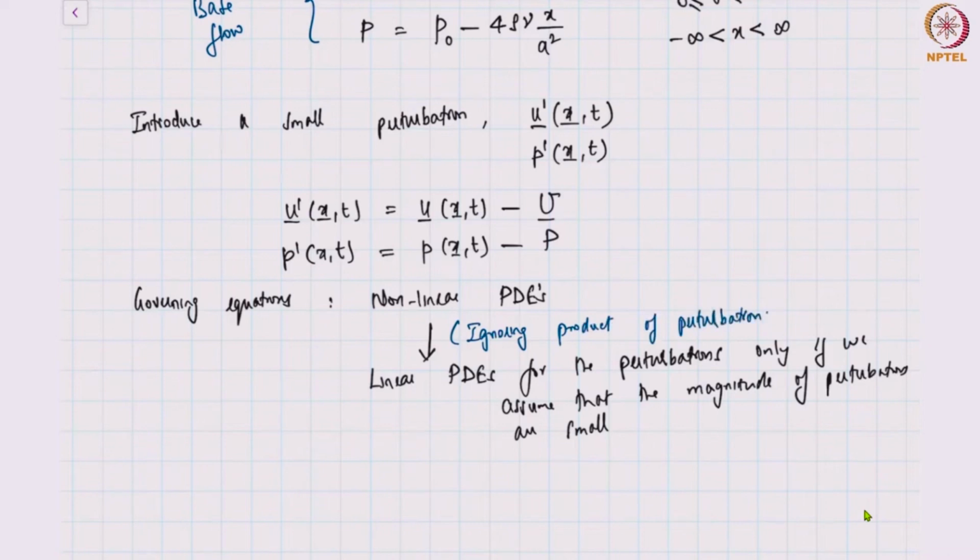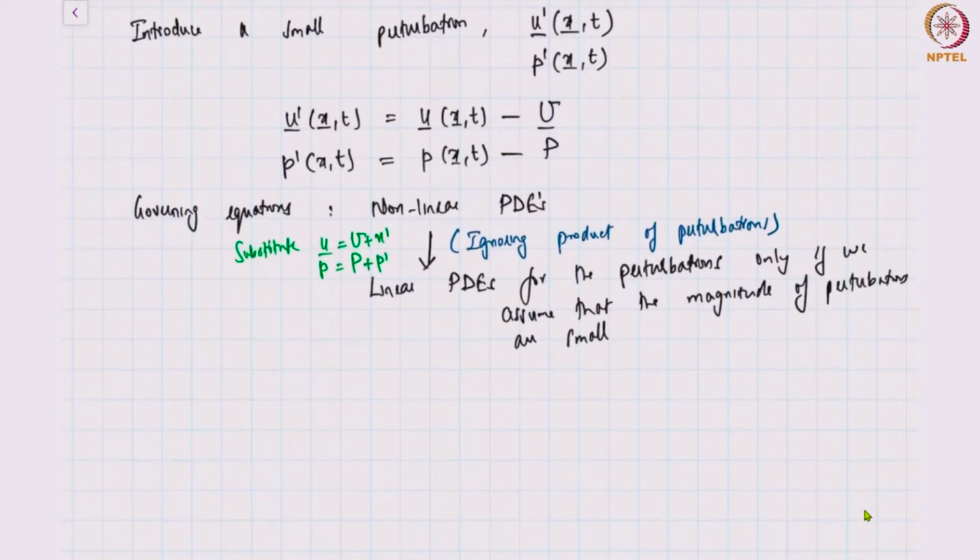I am only retaining the linear terms. So, to go from non-linear PDEs to linear PDEs, we substitute U bar is capital U plus U prime and P is capital P plus P prime. I have substituted this. Now I have got linear PDEs.